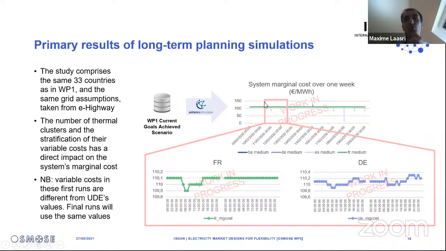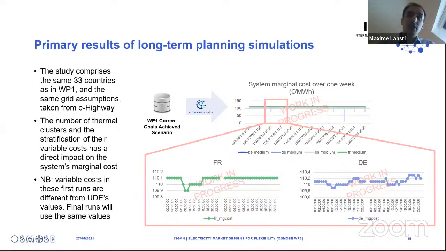You also note that the figures that you see here will be different from those that UDE will show. This is because these are the results from a first run using this scenario, and we used a different assumption at the beginning on the CO2 price, mainly because in WP1, the procedure that they followed entails that they don't have a CO2 price, because it's a goal, an objective in their decision function.